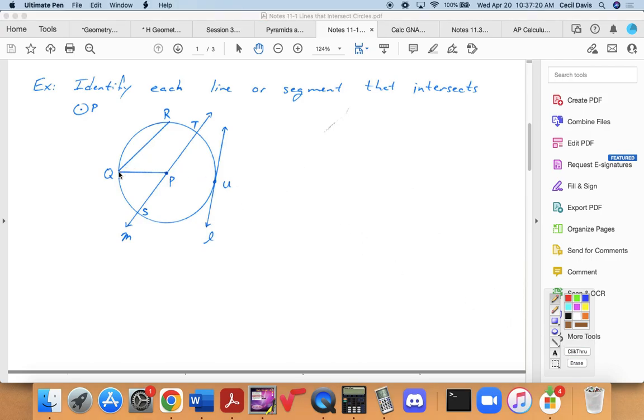We start over here, for example, segment QR. It's a chord. It's a segment, and it has both of its endpoints on the circle. What about segment QP? It's a radius.